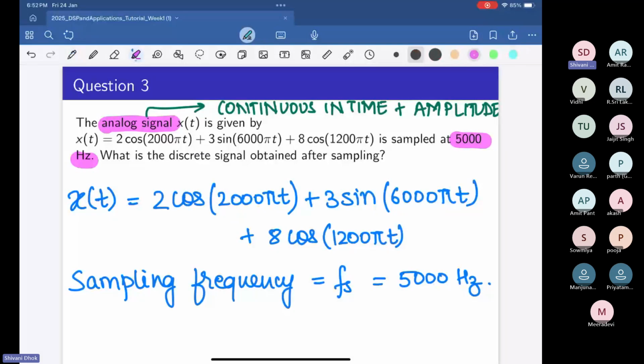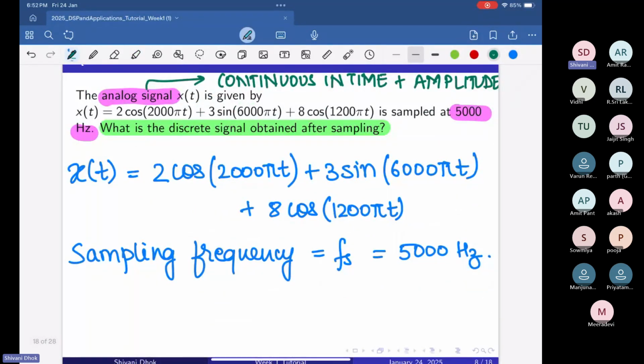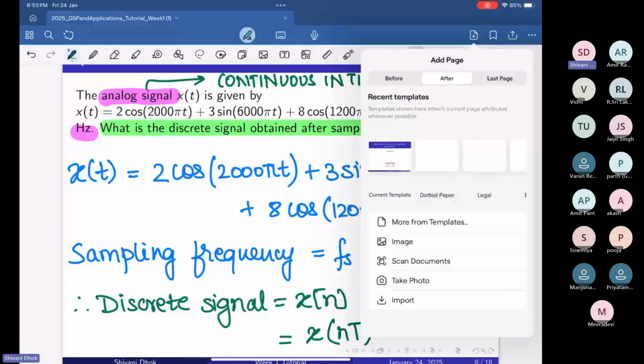What is asked is: what is the discrete signal obtained after sampling? How does that signal look? The discrete signal, let's say x of square bracket n. And how do we obtain that? The sampling process simply means that we are picking up values at every nth sampling duration.